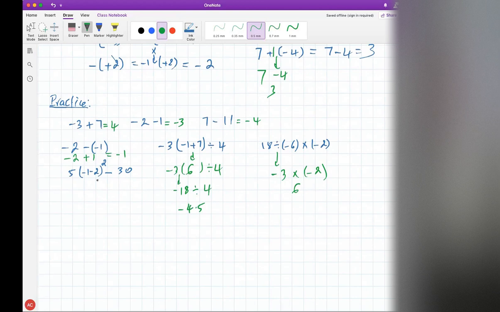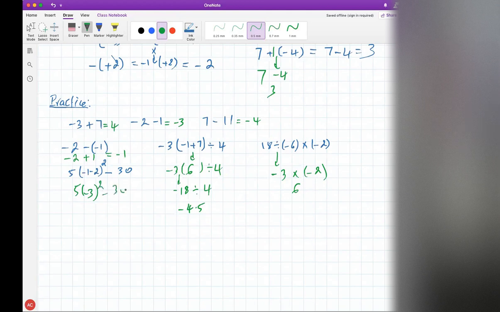The last one here, again, PEMDAS. What do we do first? The exponent? Nope, what comes before the exponent? You're going to do what's in the parentheses first, which is -1 and -2. That made a -3.